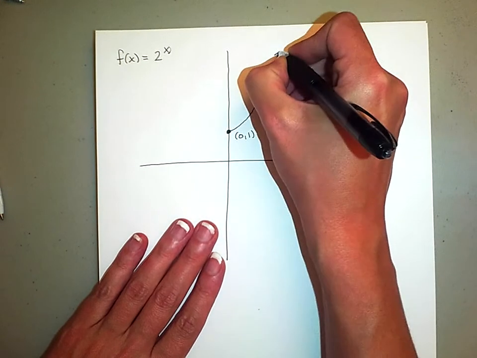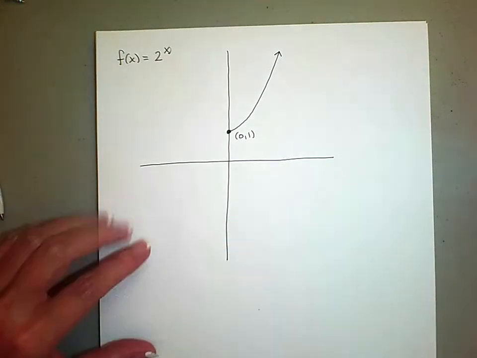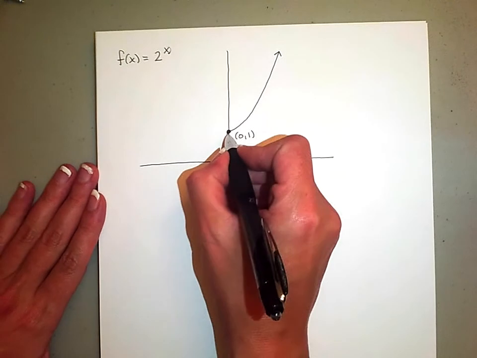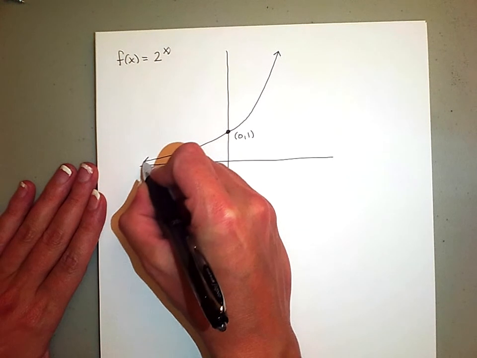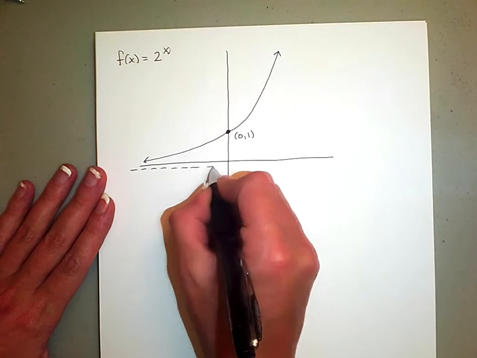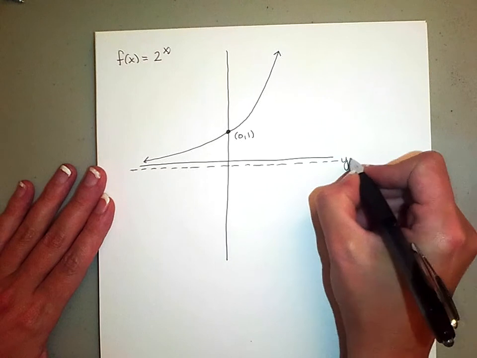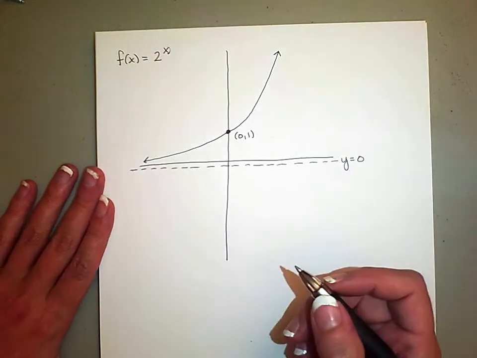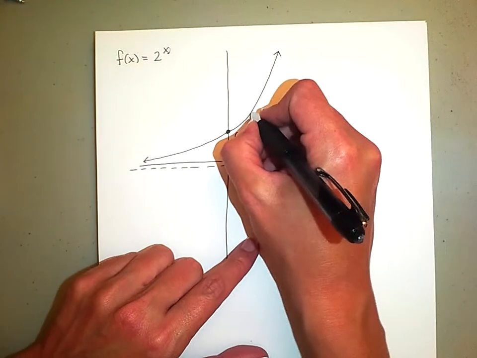We saw that it took off exponentially as x got larger than 0. And then as x went to negative infinity, the graph approached our horizontal asymptote, which is the line y equals 0.